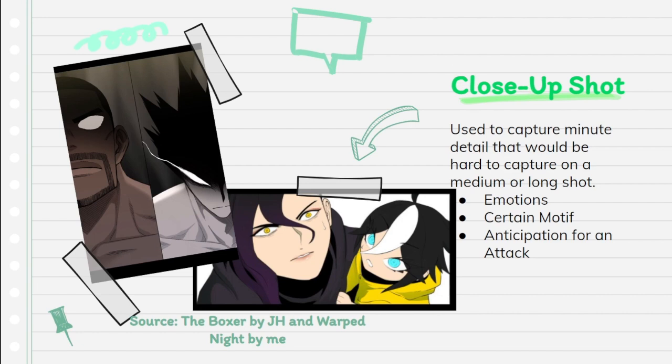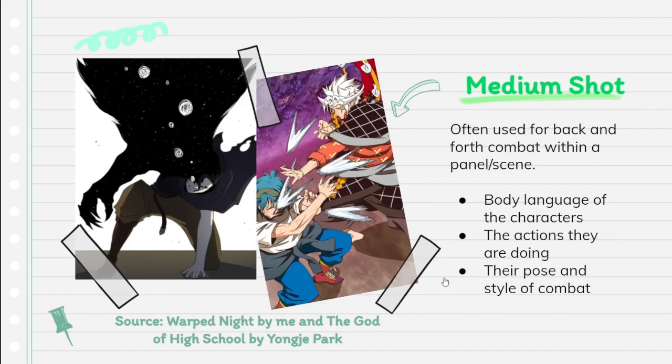And next would be the medium shot or waist shot. The medium shot is mostly used for showing exchanges of blows. This is mainly due to its comfortable distance from the camera, which shows the body language of the character and a clear shot of their action.